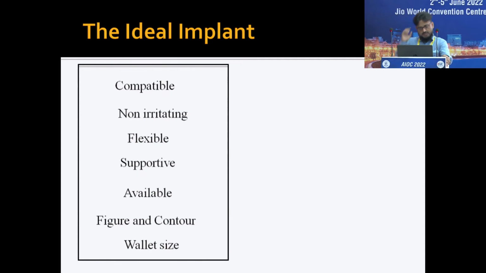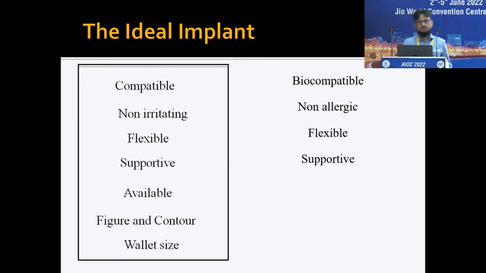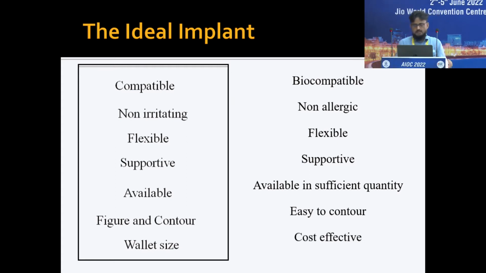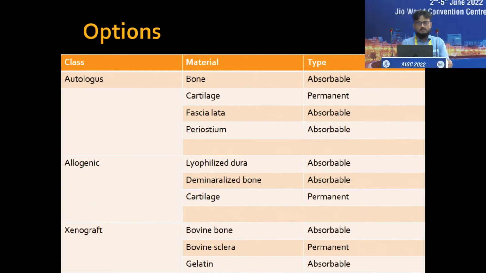When we transpose these factors to the orbital implant, similar to our choice of an ideal partner, these implants should also be biocompatible, non-allergic, flexible, and they should support the ocular structures. Of course, they should be available in sufficient quantity, easy to contour along the orbital walls, and cost effective in the Indian scenario.